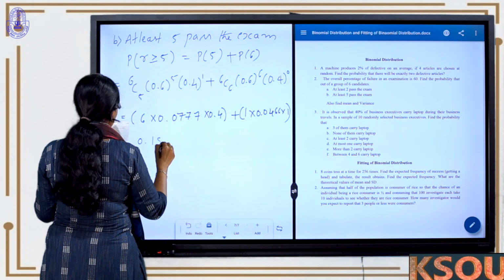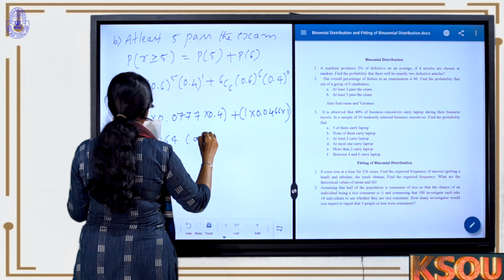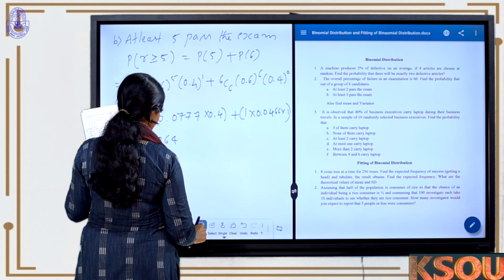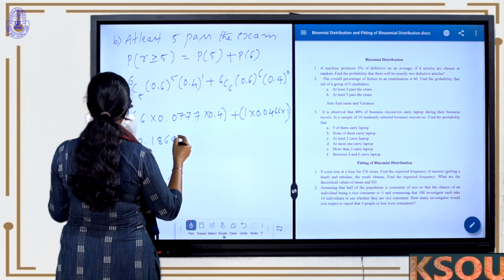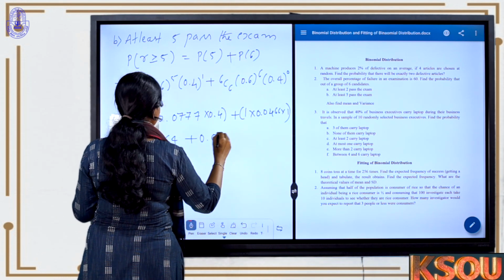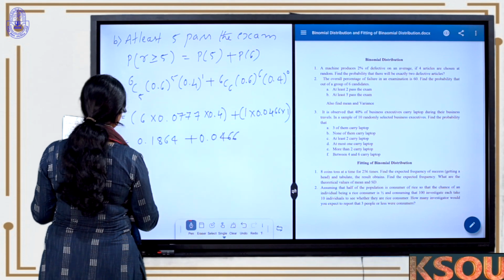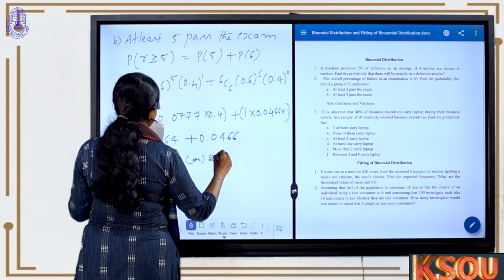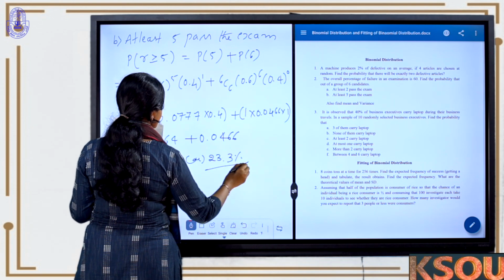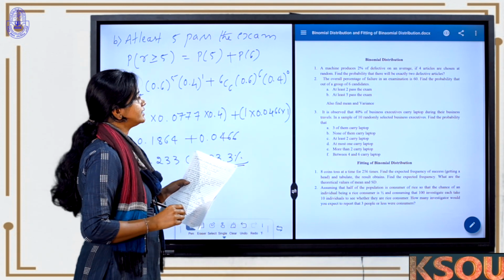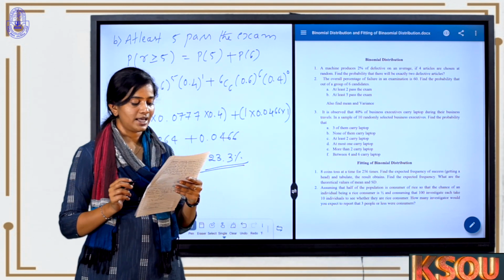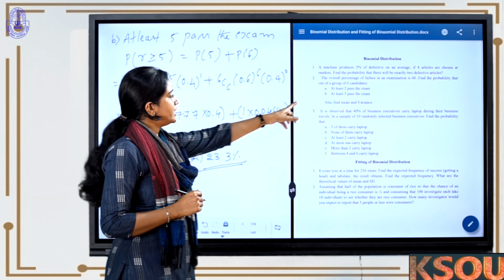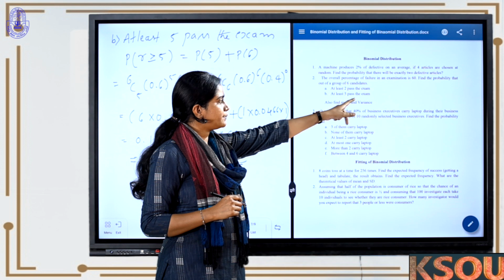So 0.1864 plus 0.0466, you should get the value equal to 0.233 or 23.3%. Like this you will have to calculate the values. So from this we have obtained at least 2 pass the exam and at least 5 pass the exam.